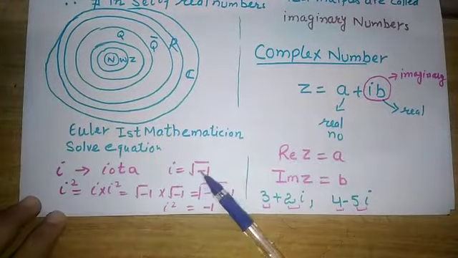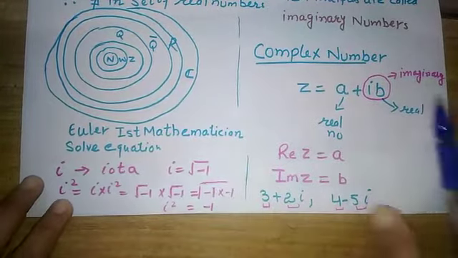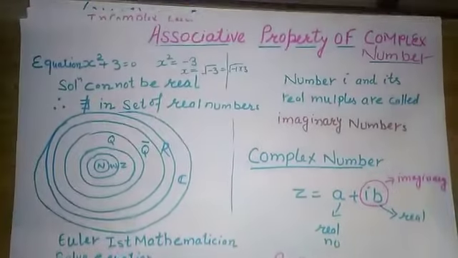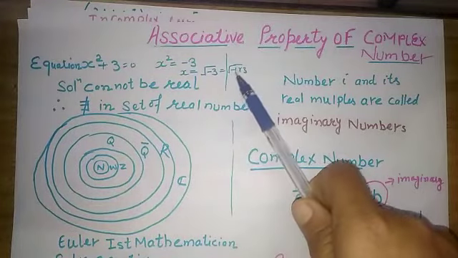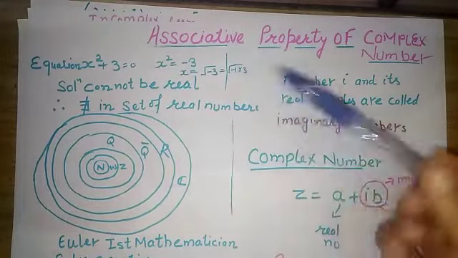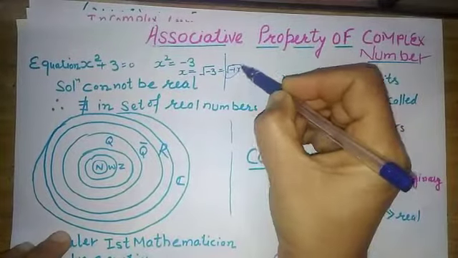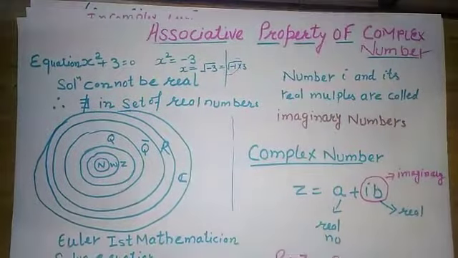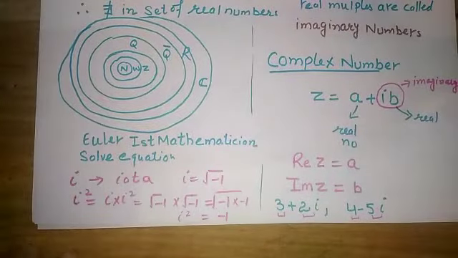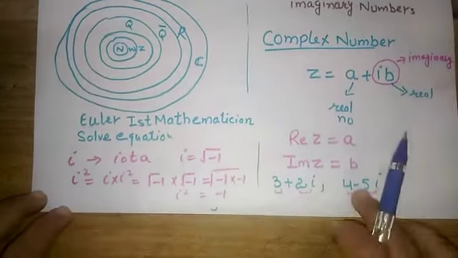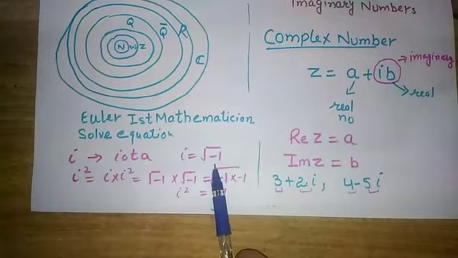Iota has the value root minus 1. In the above equation, if I split it into two factors, minus 1 multiplied by 3, then root minus 1 gives me iota. It is the value that stands for iota, which Euler introduced.